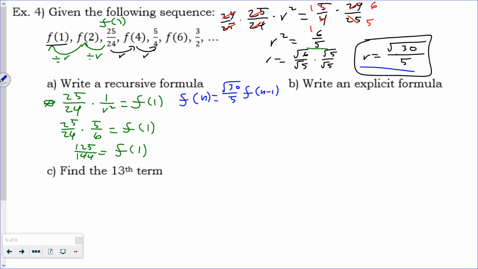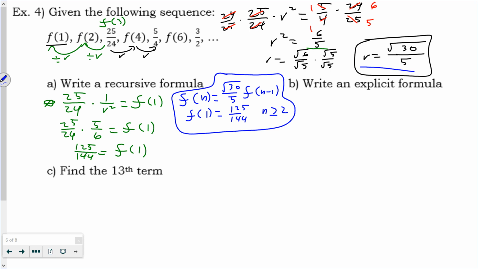When f of 1 equals 125 over 144, when n is greater than or equal to 2. So all this right here is your recursive formula. You have the actual formula, and you have the limits for it, saying where it starts and what n can actually be.